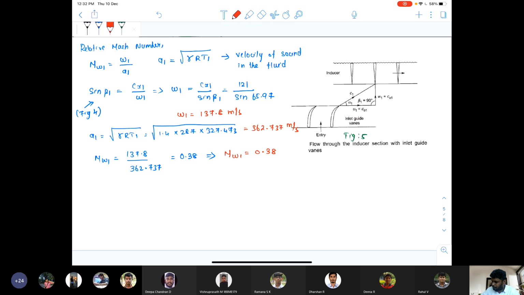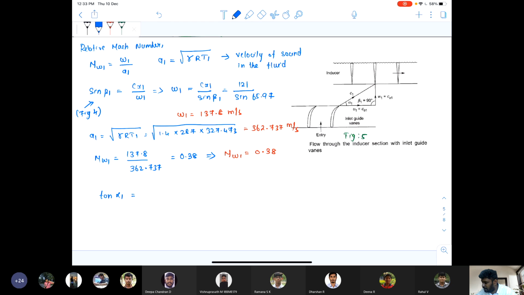Okay, therefore we should find the value of alpha 1. For finding alpha 1, tan alpha 1 is equal to opposite side by adjacent side.